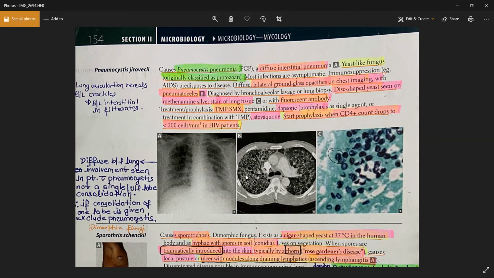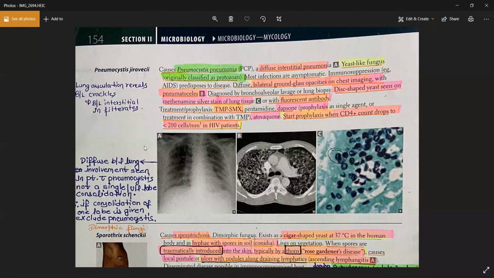As you can see, the bilateral opacities are there. These whitish areas are the opacities, and these are the air spaces, airways. So that you will see in the imaging of the patient. And the patient will have a history of HIV or maybe a history of glucocorticoid therapy.